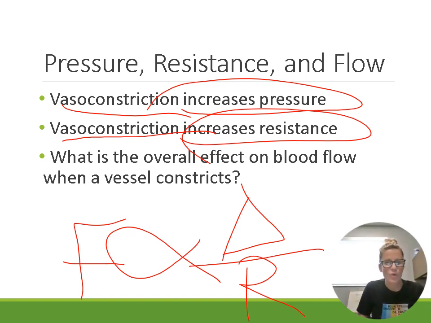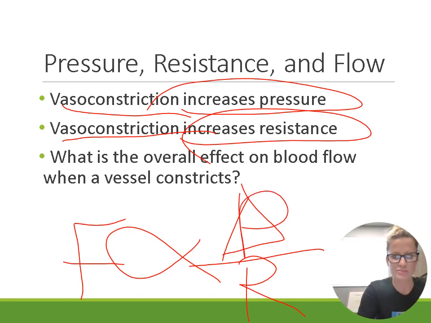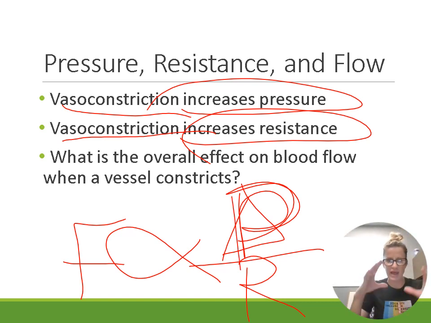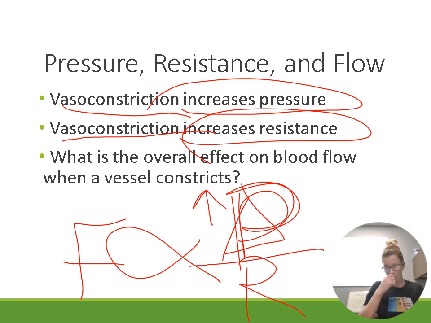So how is vasoconstriction going to affect blood flow? If I have a vessel that constricts, it squeezes, that's supposed to be a pressure up. That constriction is going to increase pressure. So you might think, okay, that increases flow.